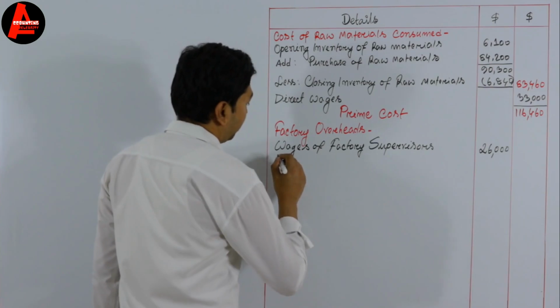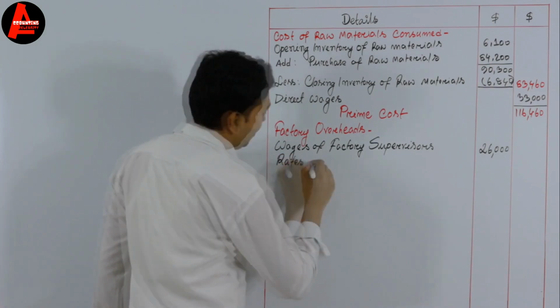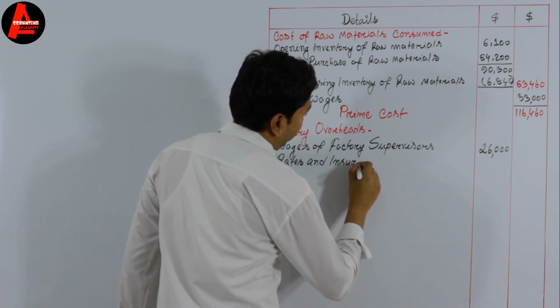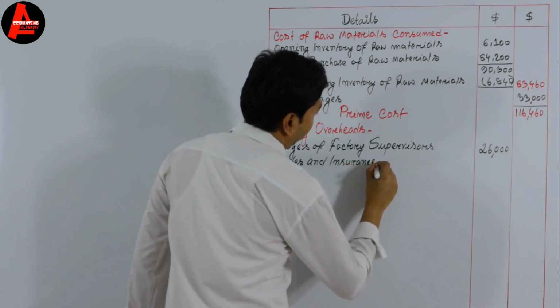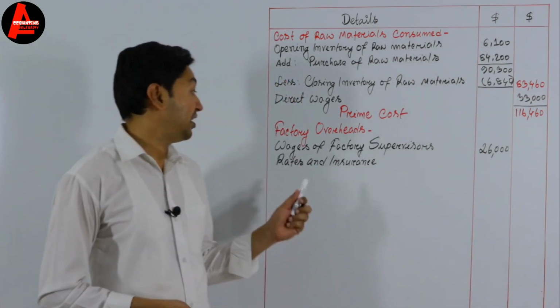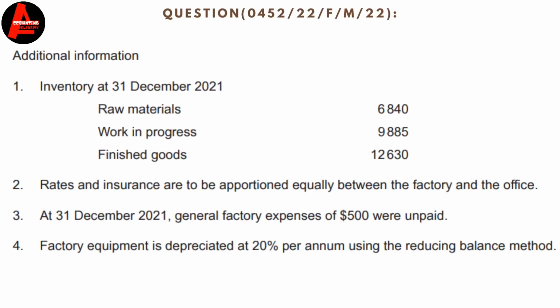Then what we have? We have rates and insurance. It is also factory overhead, don't forget. So we have an adjustment about this item. Number 2, rates and insurance are to be apportioned equally between the factory and the office.